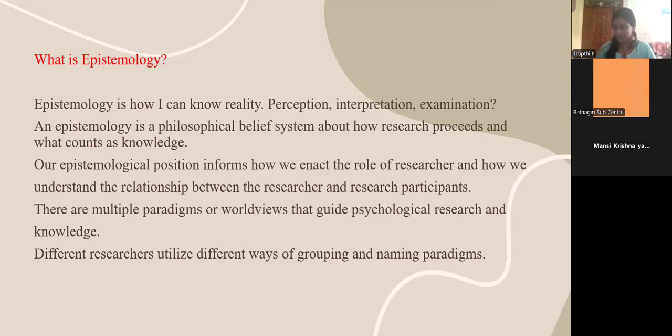When I say knowledge, I don't particularly mean bookish knowledge. I mean knowledge is anything. How do I know that a book is a book, or that what I am wearing is a dress, or that I am a human and how I am different from an animal, or any kind of knowledge? How do I acquire that knowledge, and how do I use it to proceed further with my research?